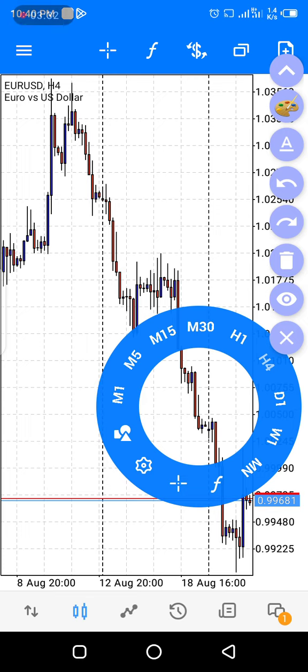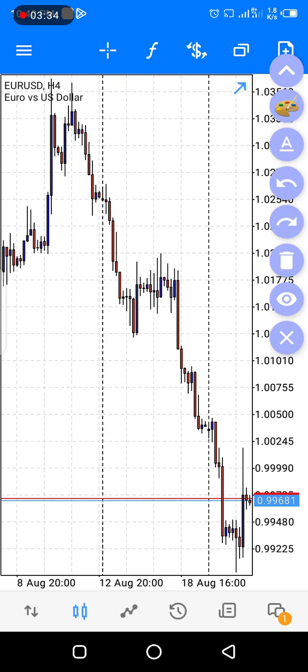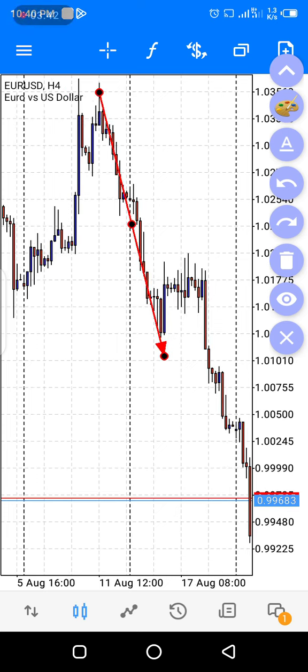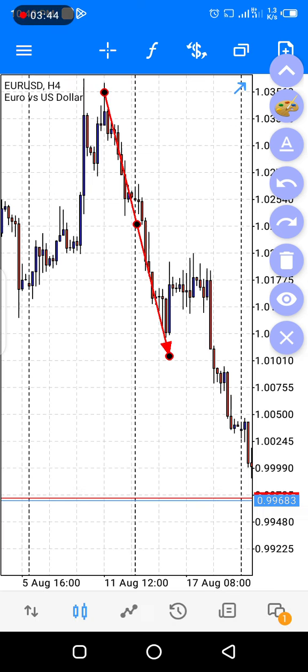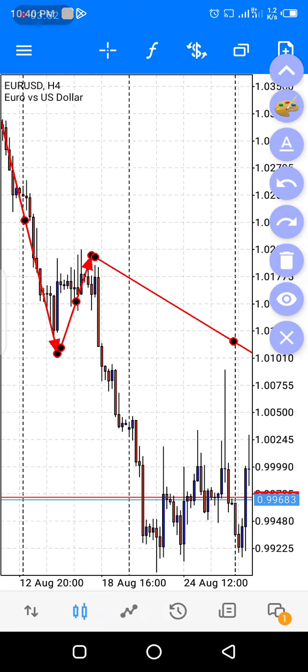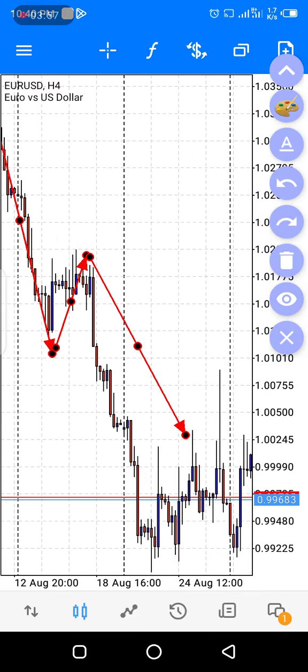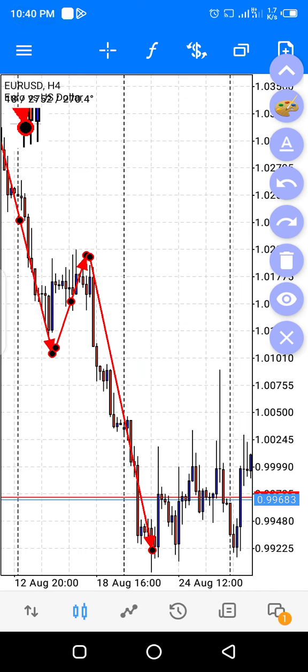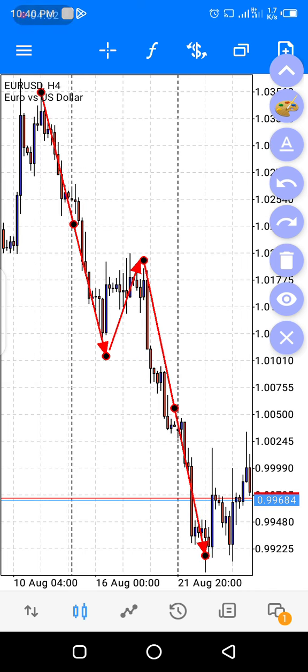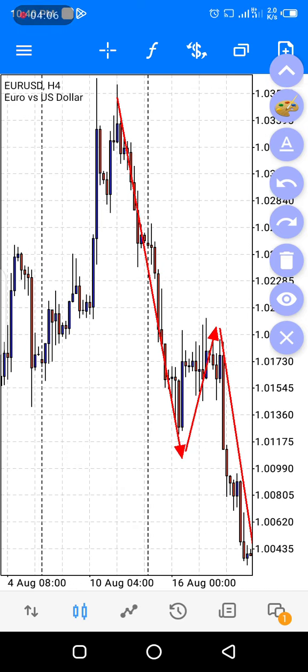Like in this area of the chart, we have a high, price moved down, pulled back a little bit, and pushed down again, and pushed down like this. This is like a 1, 2, 3 push to the downside.